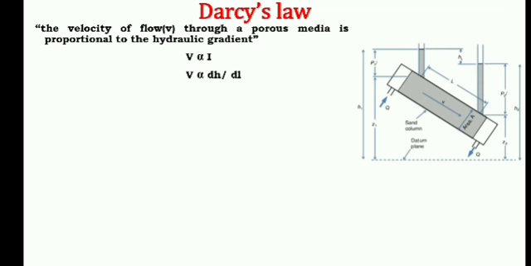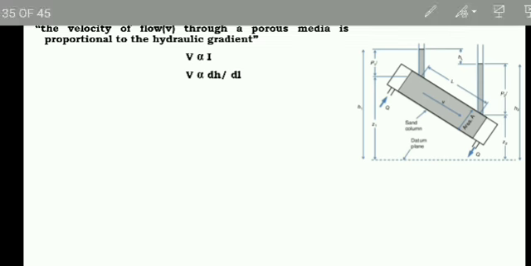That is I, nothing but the hydraulic gradient. Here you can see the difference in the height, H1 and H2, that is dH, and they are separated by a distance. The distance between the two piezometers is L. So the difference in head, the hydraulic gradient, we can express as dH by dL.